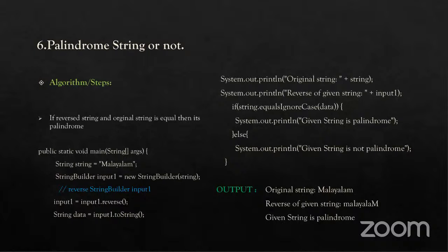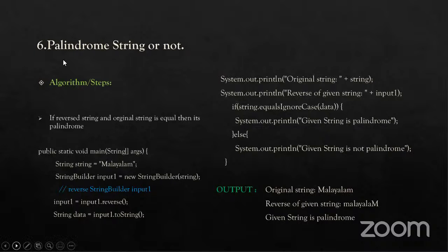So we can use the same algorithm as the reverse of a string program for the palindrome also. After reversing, check whether the two strings, the original string and the reversed string, are equal or not. If they are equal, it is a palindrome string, and if not, it is not a palindrome string.